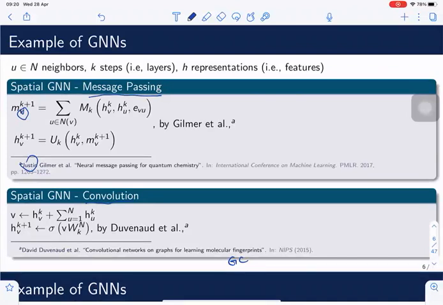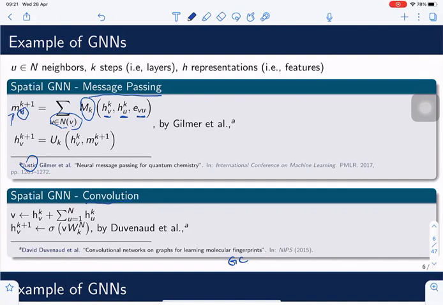In order to learn the representation for node v, we need to input itself, its neighbors' representations and their edges into the message function. M denotes the message passing function, which generates the message at the k-th layer. We need to take the representations from the previous layer as the input for the next layer.